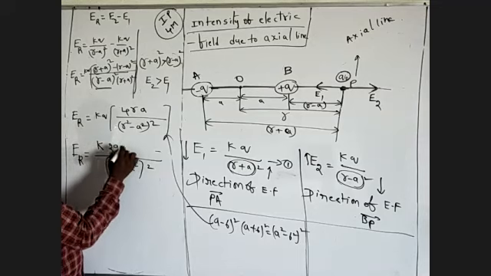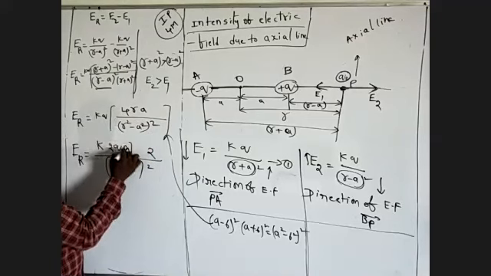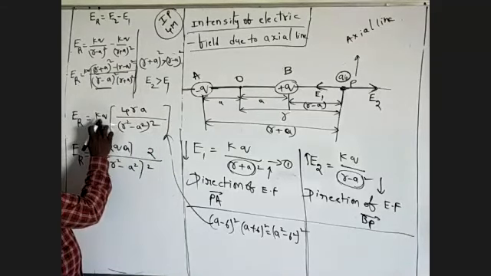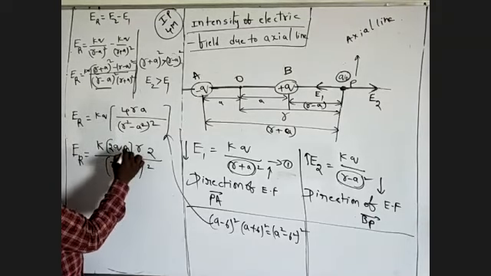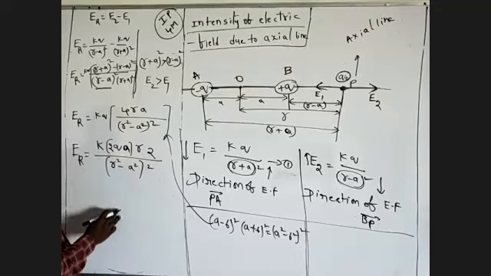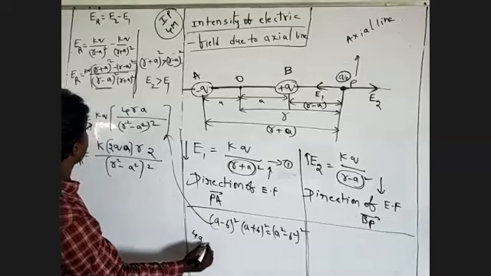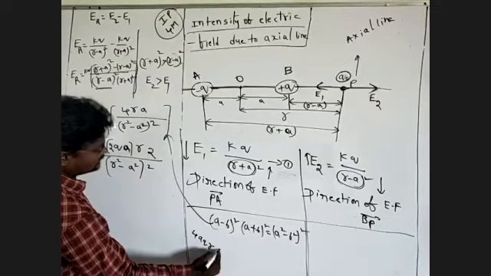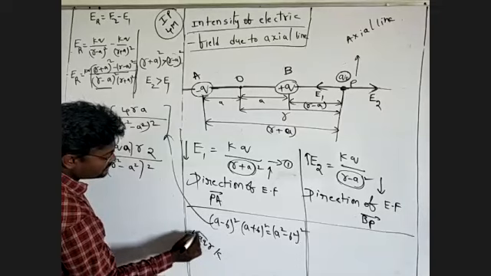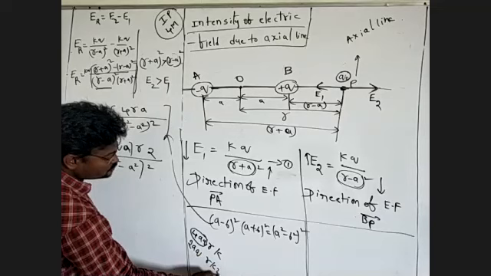I'm writing 2 into 2, so this is 4A R, which is 2A Q R K.